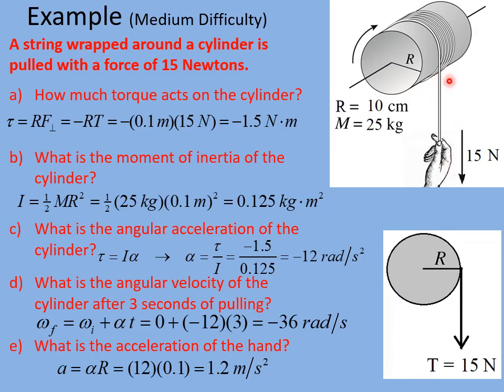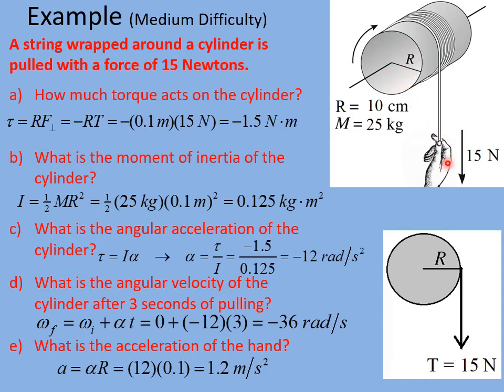If we pull on this string, the string's going to unwind, but it's going to rotate this cylinder on its axis. And of course, this cylinder has a lot of mass, 25 kilograms, so it has rotational inertia. This thing is going to have resistance as you pull on it.